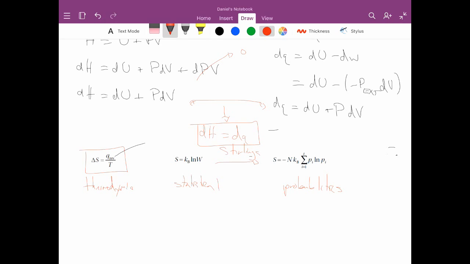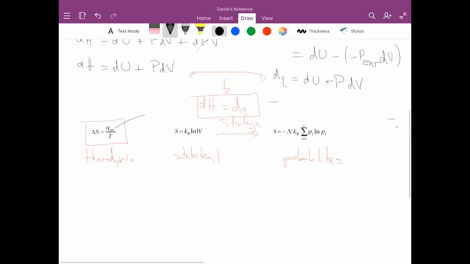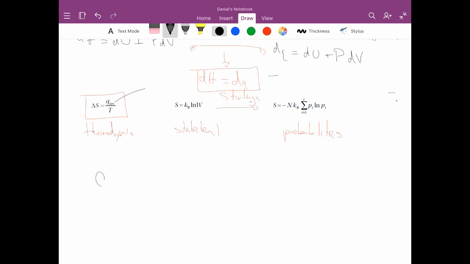Great. Now we can relate our heat capacity term, which is the change in enthalpy for a given change in temperature, to the amount of heat taken up by a system. So that is going to be dq over dT.